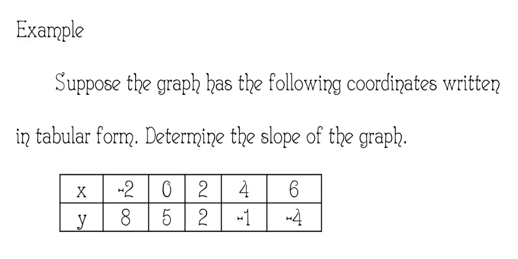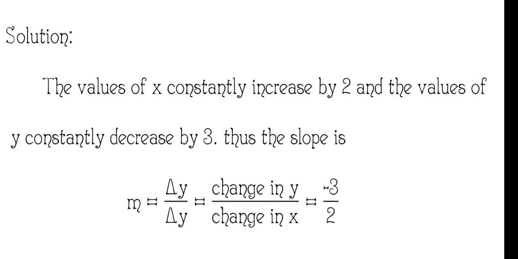For example, suppose the graph has the following coordinates written in tabular form. Determine the slope of the graph. As we can see, the value of x constantly increased by 2, and the value of y constantly decreased by 3. Thus, the slope is negative 3 over 2.